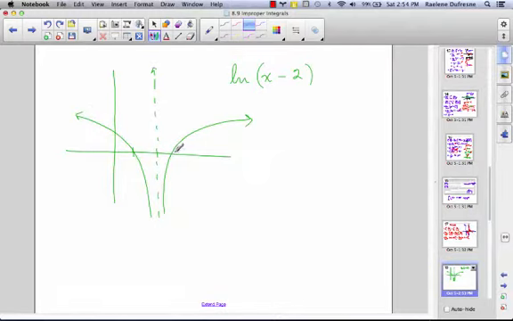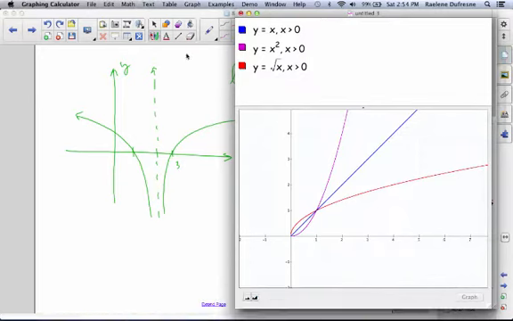So this is actually at x equal to 3. Doesn't look very symmetric there. But if you don't believe me, you can make a table of values. And we can just take a quick look in the graphing program to confirm.